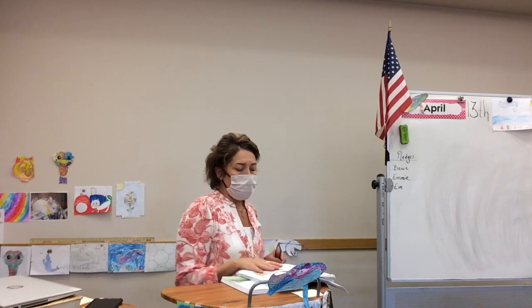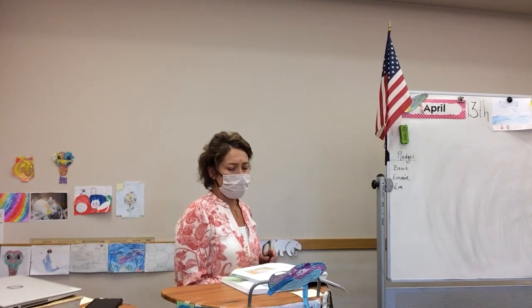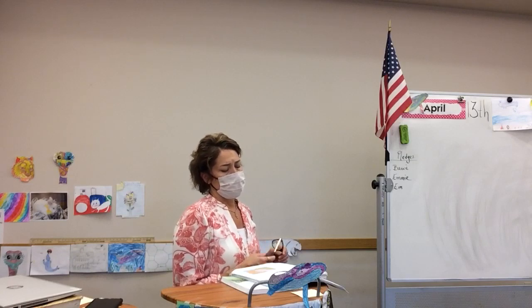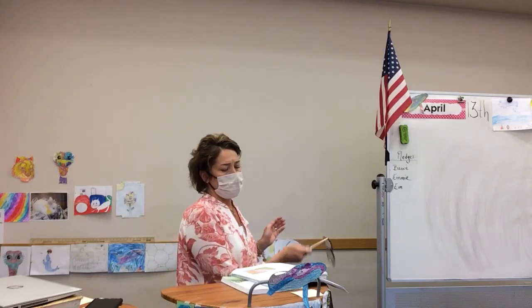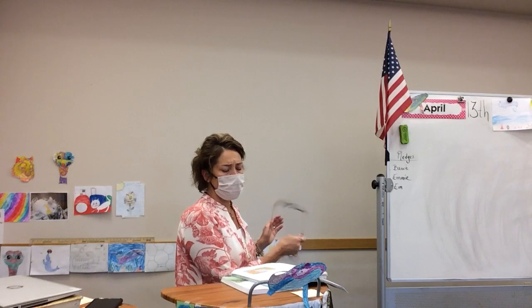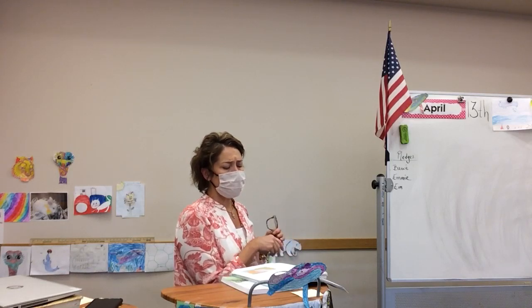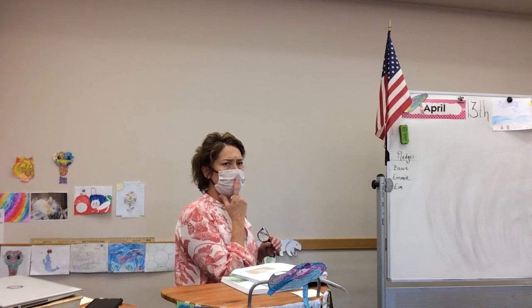All right, so what were the benefits of buying New Orleans and the Louisiana Territory? Now you look at all that land. Could there be more than one answer? Christian.